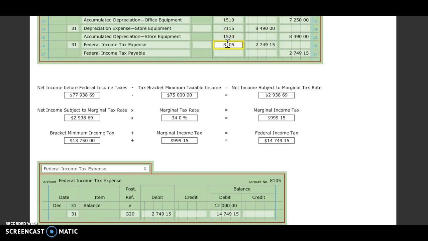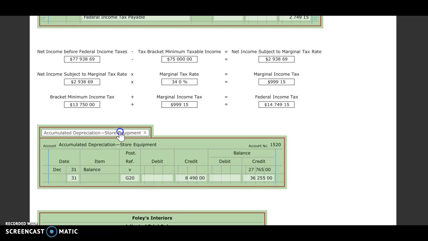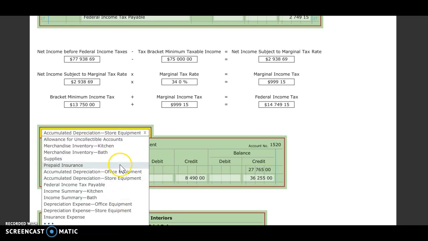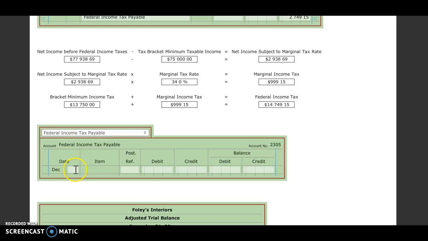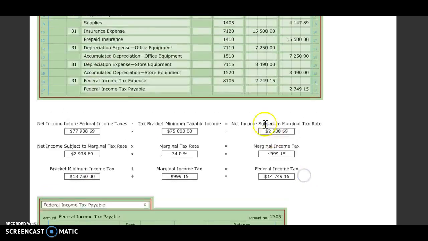Account number 8105 goes back up. Next, I need to go to my federal income tax payable, 31st, G20. And I'm going to credit that account for $2,749.15 for a new balance of the same. And account number 2305 goes back up.